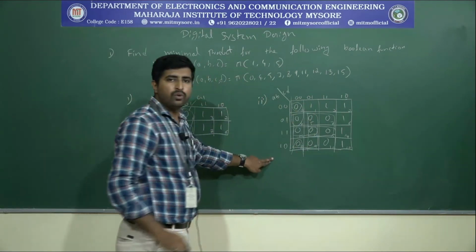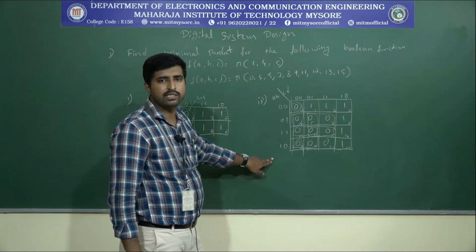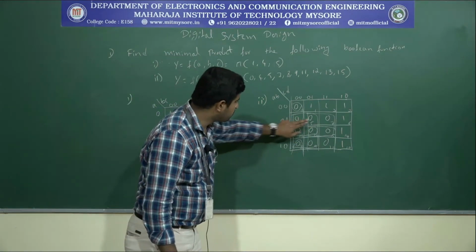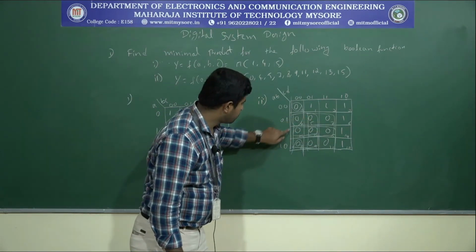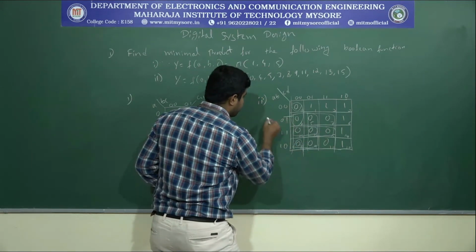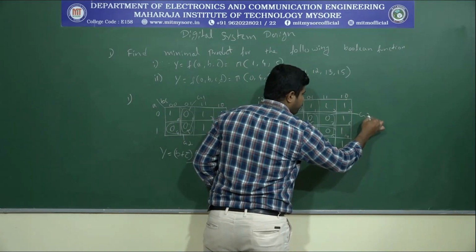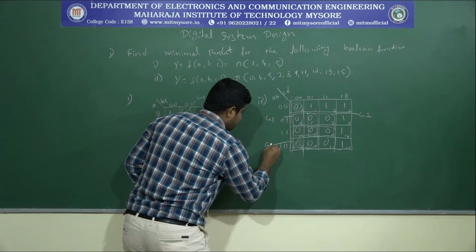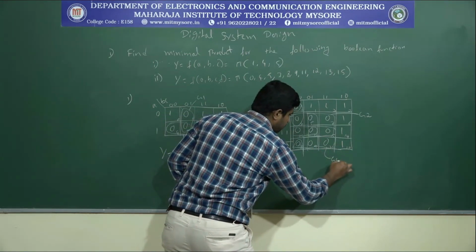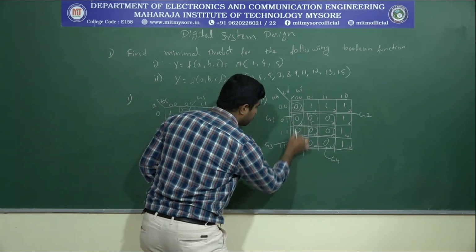That means 2 product expressions will be possible here, 2 results will be possible. So this is group 1, group 2, group 3, group 4, group 5, and group 6.